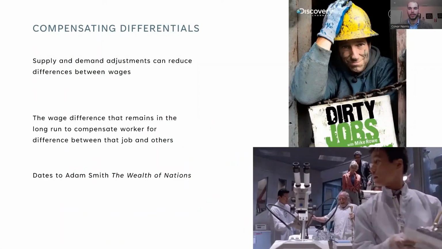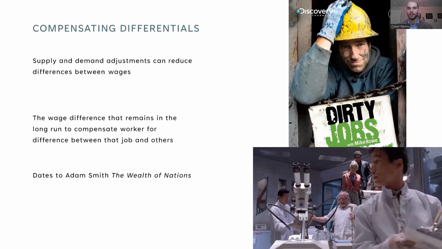Although adjustments in supply or demand, by shifting the supply and demand curves, as we see graphically, can reduce the wage differences between markets, again, they're not often going to be enough to eliminate the differences between them. In the long run, we still experience a difference in wages between these markets, whether these markets are based on the skill of the employee, the education that they receive, the danger of the job, or other characteristics.